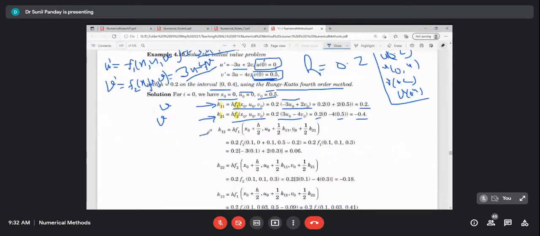Like k12: if you remember the case of a single initial value problem, there you calculate f of x naught plus h by 2, y naught plus k1 by 2. But here there are two dependent variables, u and v, so you require f1 of x naught plus h by 2 comma u naught plus k11 by 2 comma v naught plus k21 by 2.